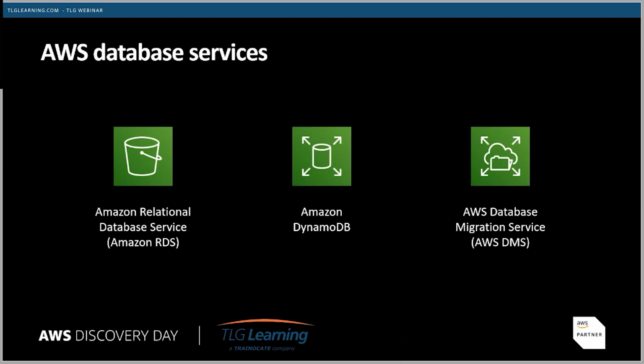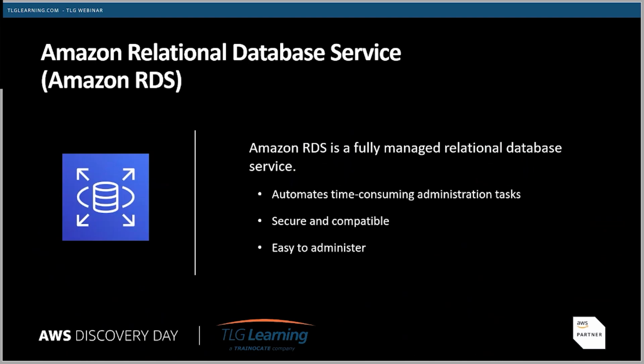As far as database services are concerned, we will look at the first service here, RDS, Relational Database Service. This allows you to host and run SQL type databases, where we use the Structured Query Language to query the database.